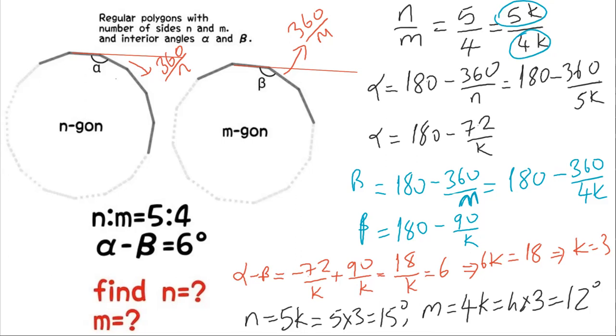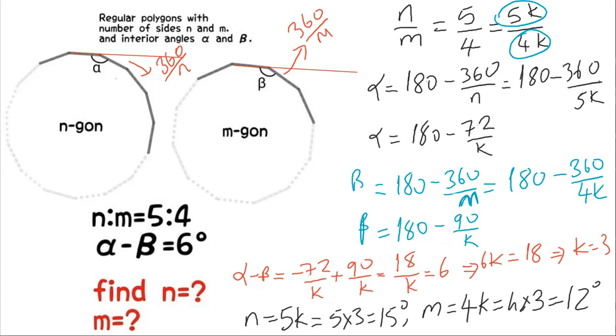So instead of n, let's write 5k because n equals 5k. When we simplify, it will be this one. Likewise, instead of m, if we write 4k and simplify, this will be the beta. And finally, we just write this equation.